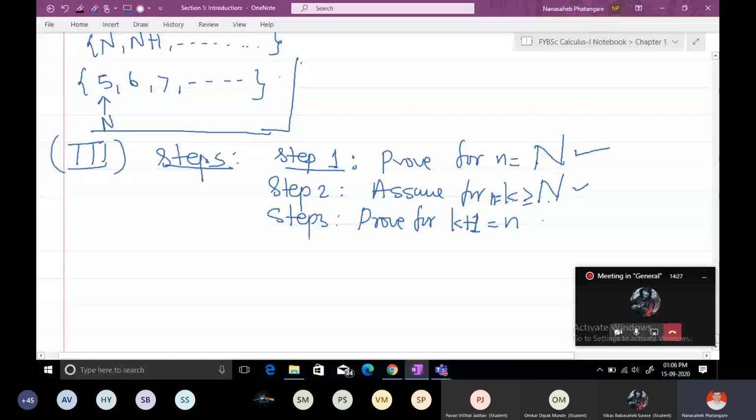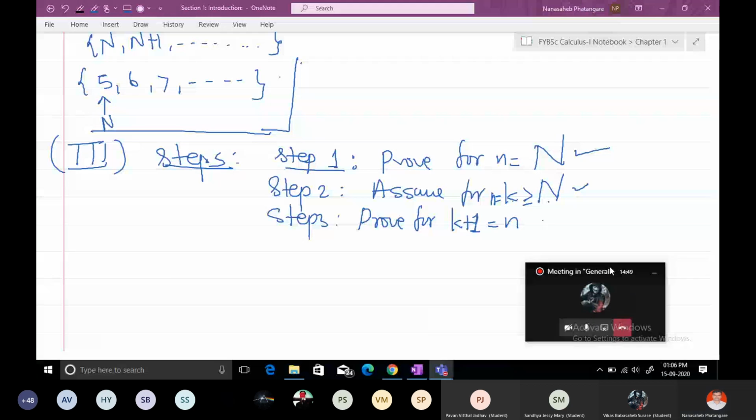Prove for some larger n, which is the base case, and then assume for k greater than or equal to n and prove for k plus 1. That's it.